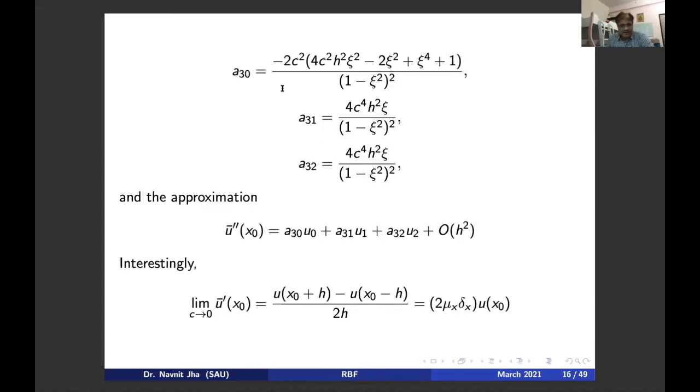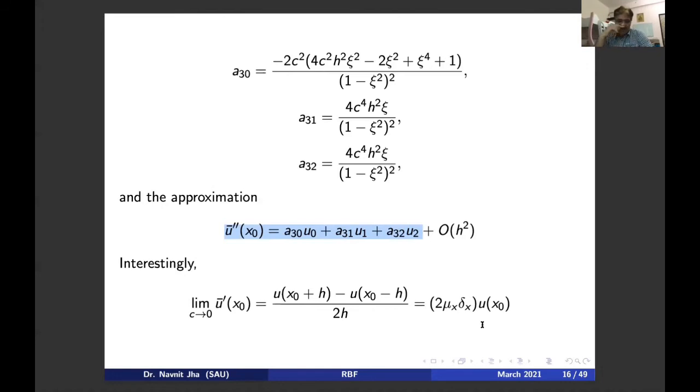These are the values of a30, a31, a32, and the approximation is written as u bar double prime at x naught equal to a30 u0 plus a31 u1 plus a32 u2. And this is coming out to be order h square, exactly on the same line.